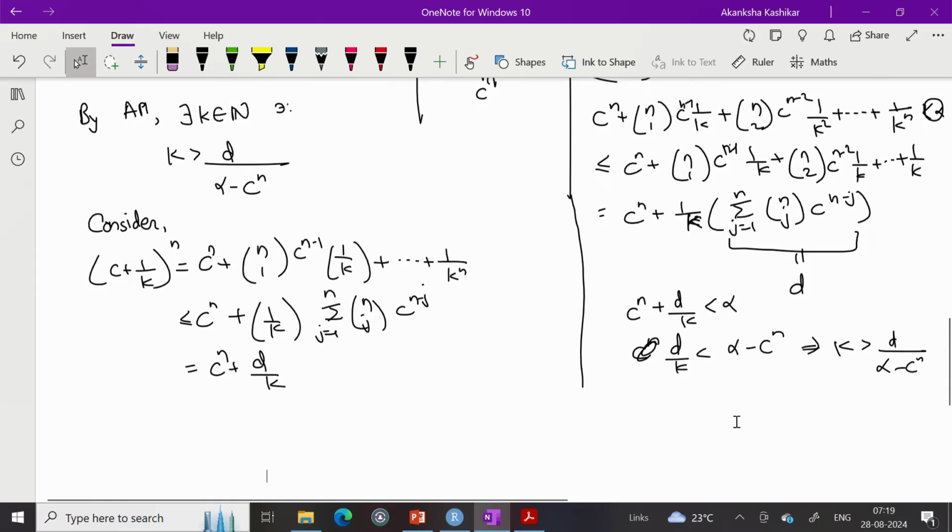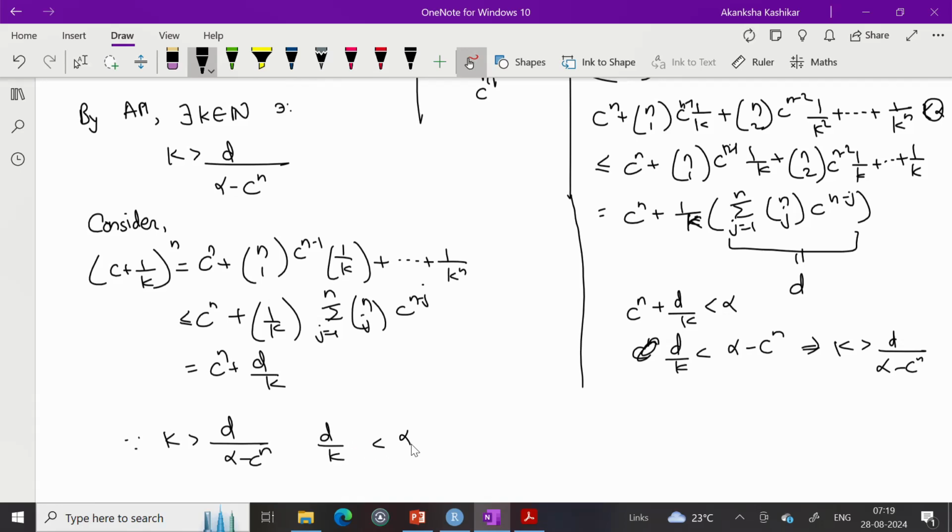And from our choice of k, since k is greater than d upon alpha minus c raised to n, d by k is smaller than alpha minus c raised to n, correct? So this quantity becomes smaller than c raised to n plus alpha minus c raised to n, which is equal to alpha, okay?